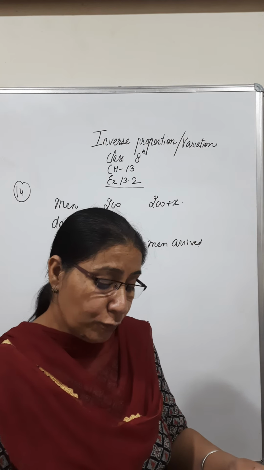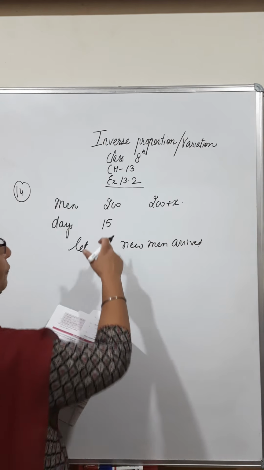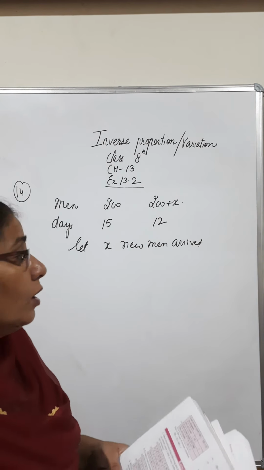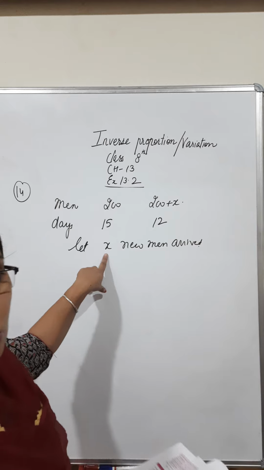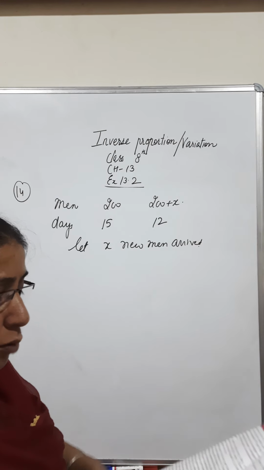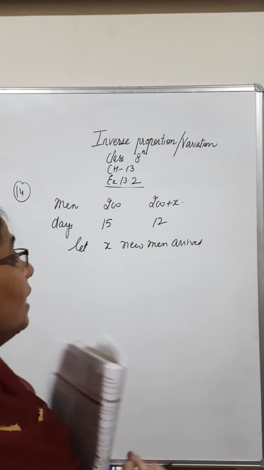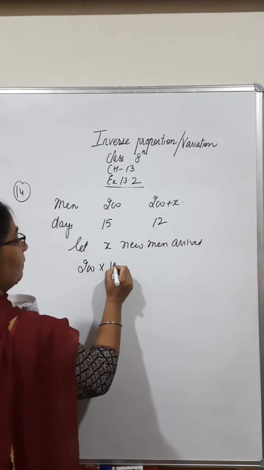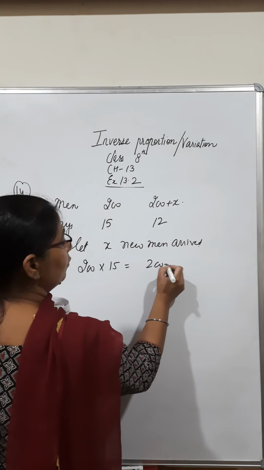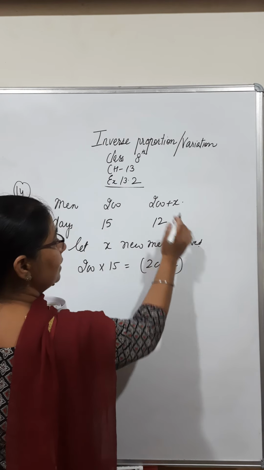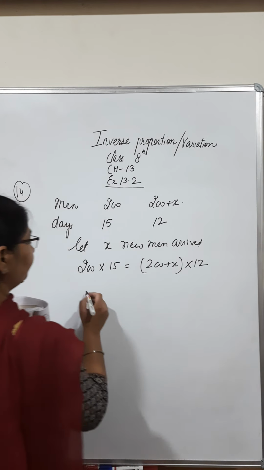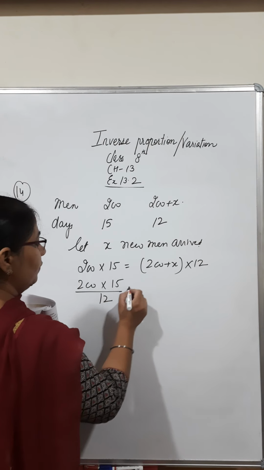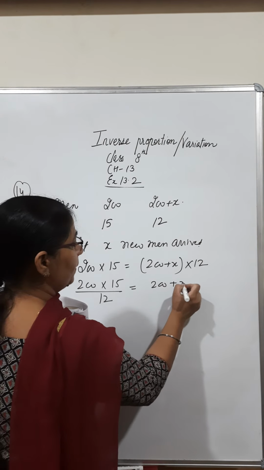तो क्या हुआ, द फूड विच वॉज टू लास्ट फॉर 15 days, नाउ इट इज़ लास्टिंग ओनली फॉर 12 days. तो हमने ये निकालना है हाउ मेनी न्यू मैन हैव कम. ठीक है, हाउ मेनी मोर मैन हैव अराइव्ड, दैट वी हैव टू फाइंड. सो अगेन 200 multiplied by 15, that will be equal to 200 plus x multiplied by 12. 200 into 15 divided by 12 is equal to 200 plus x.